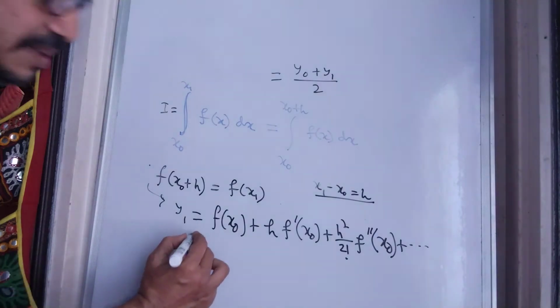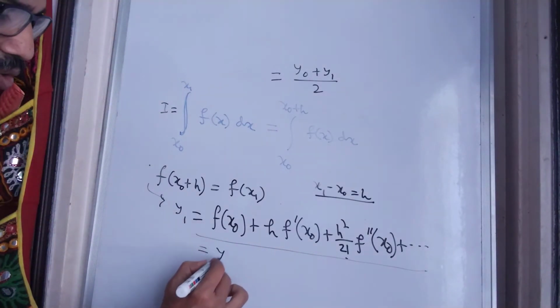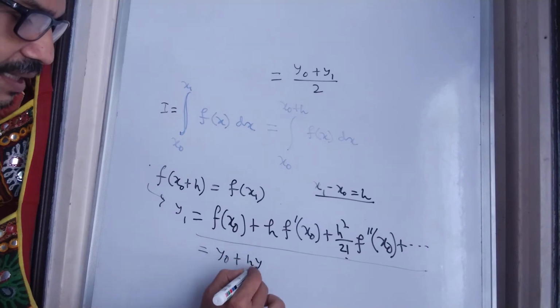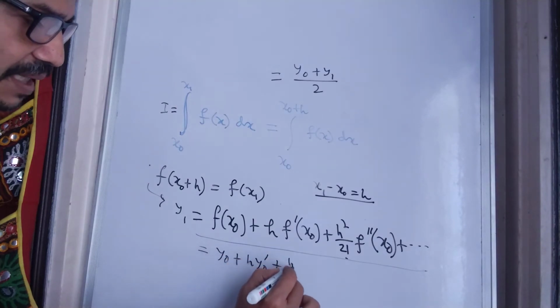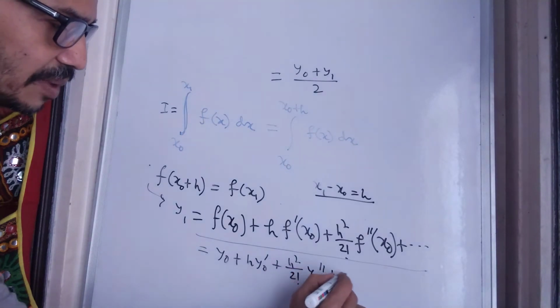So with this expansion, this may be written as y0 plus h y0 prime plus h square by factorial 2 y0 double prime dot dot dot.